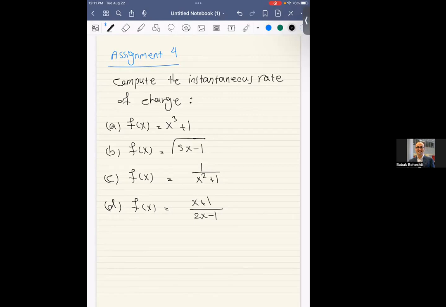So you have to compute that limit of the difference quotient. Yes.